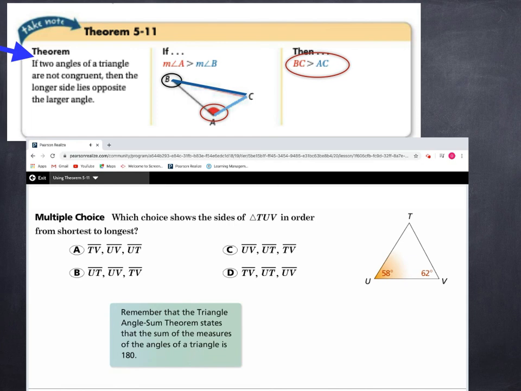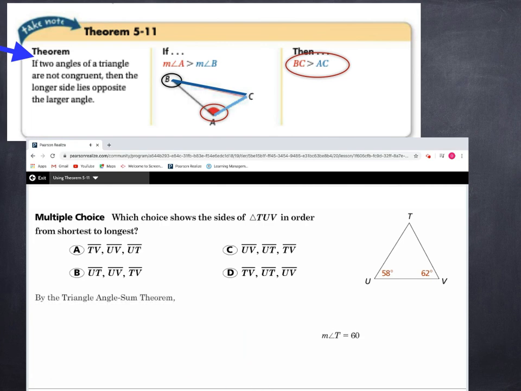The measure of angle U, 58, plus the measure of angle V, 62, plus the measure of angle T equals 180. Add 58 plus 62. Subtract 120 from each side of the equation. By the triangle angle sum theorem, the measure of angle T equals 60.